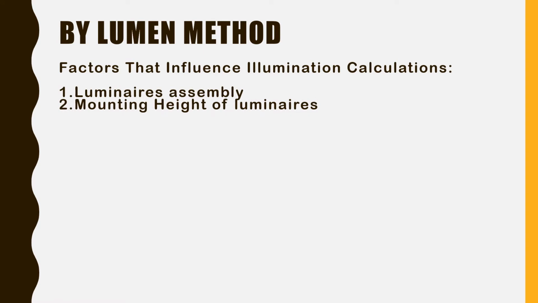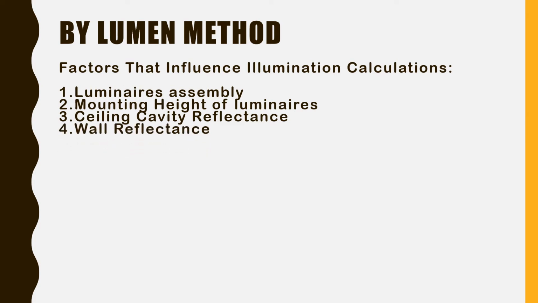Of course, it will affect the calculation, the height of the luminaires. And number three, ceiling cavity reflectance. This value can be taken from the tables of the lighting manufacturers. Wall reflectance as well, it can be found in the table.